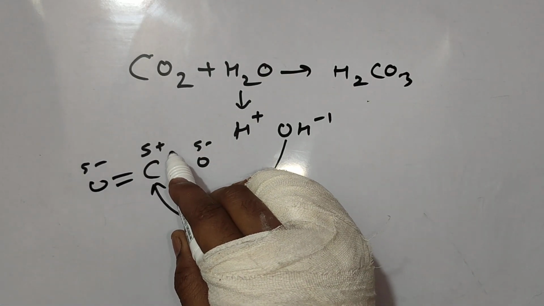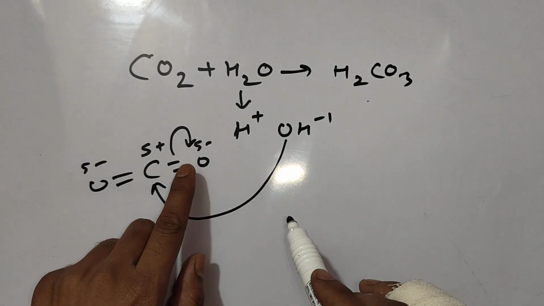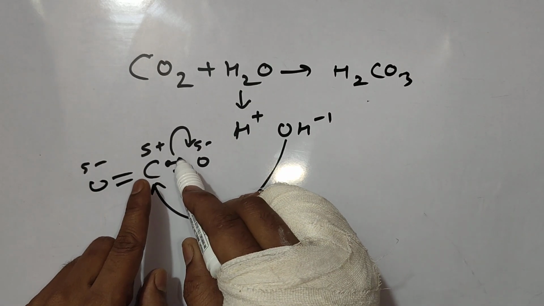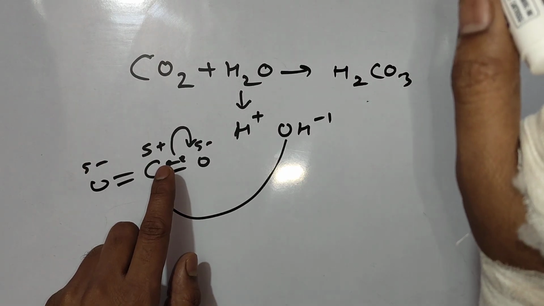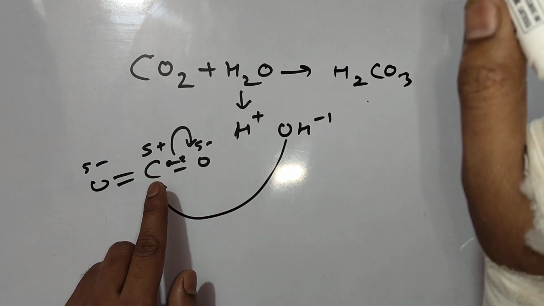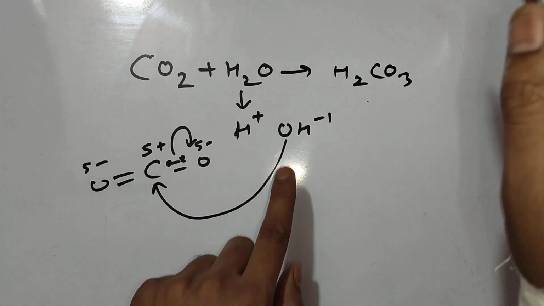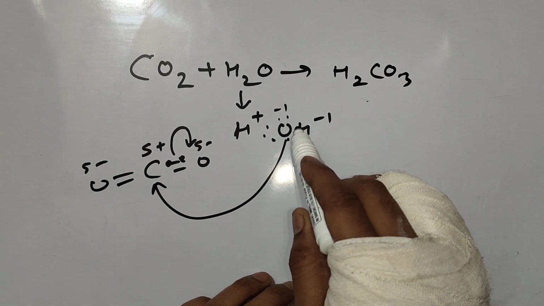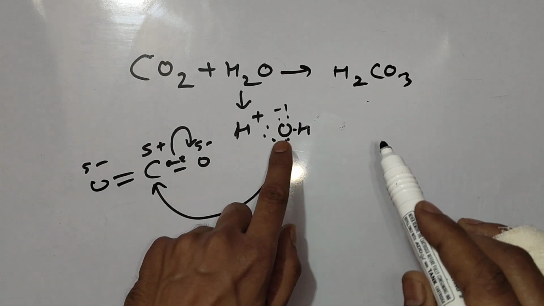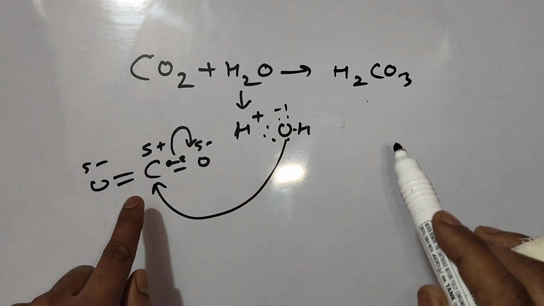Obviously pi electrons will shift toward oxygen, and as both electrons are going toward oxygen, this carbon is losing its electron, but its valency will be satisfied by this OH negative, in which oxygen is going to deliver its electron to carbon. These three pairs are there, it will deliver.